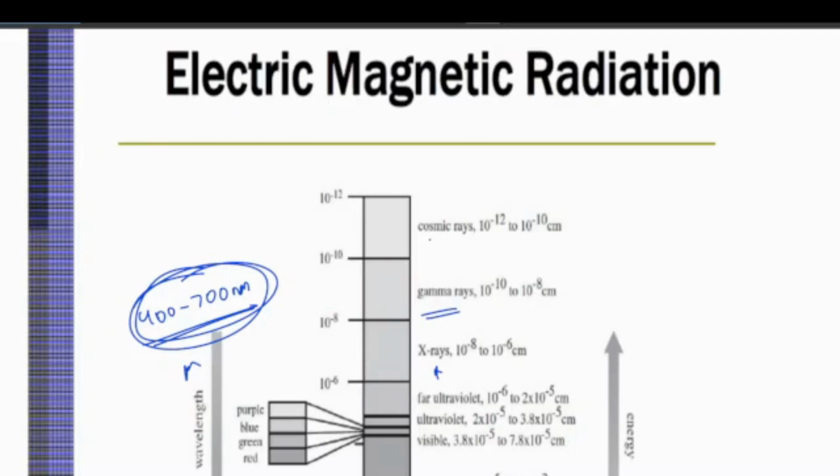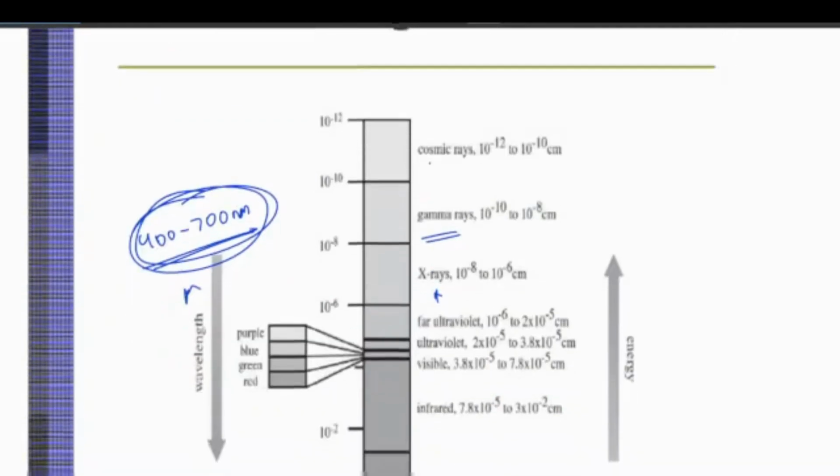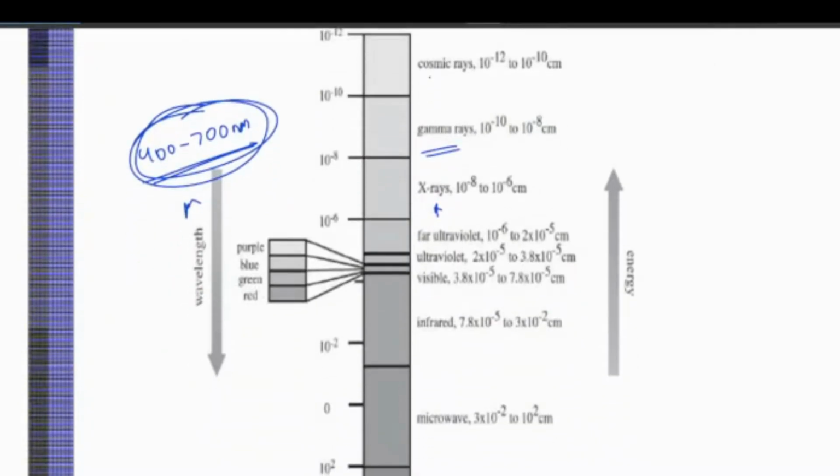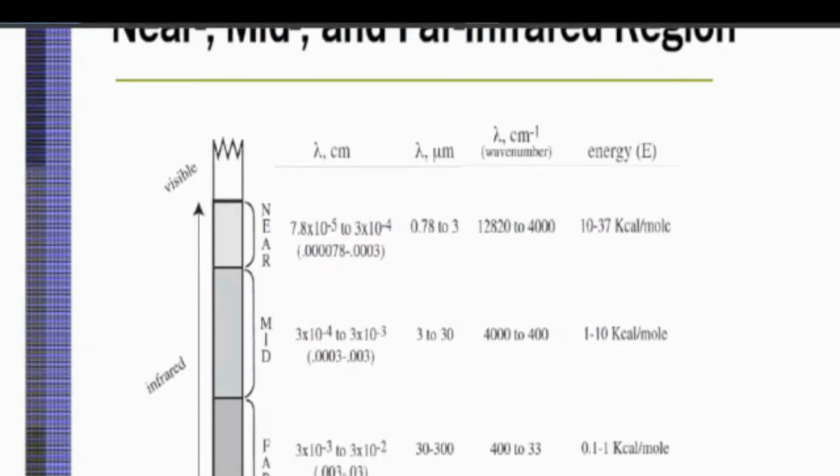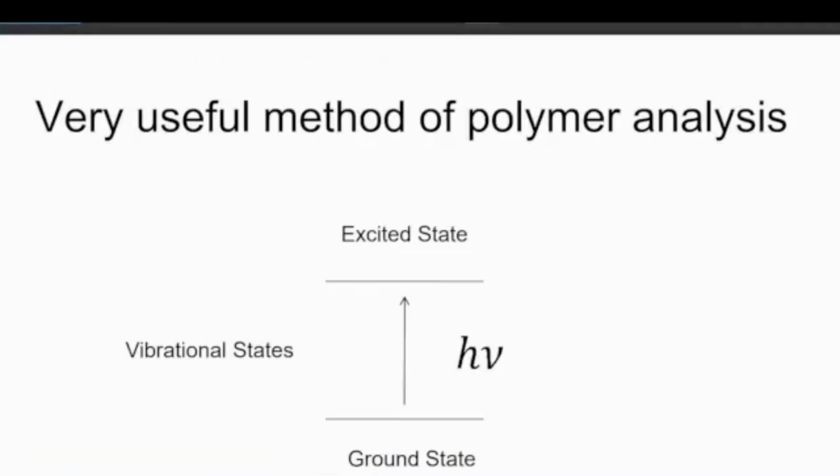In between them there are IR rays and others. You discuss all these things, so you should remember these energy levels as well. This is far IR, mid IR. These are just for study purposes.